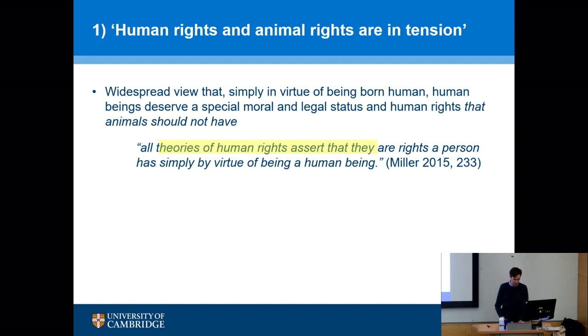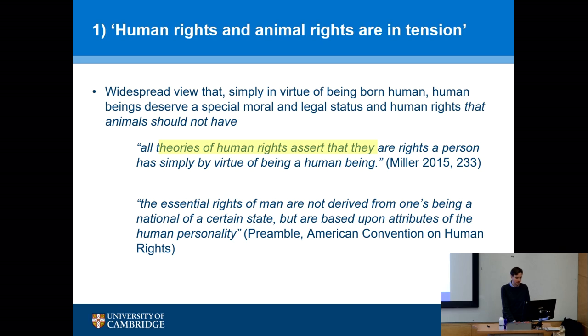And it's not just a view that scholars have. You can find it in human rights practice, in human rights documents. So take the American Convention on Human Rights. This convention says that the essential rights of man are not derived from one's being a national of a certain state, but they are based upon attributes of the human personality, right? So it's not my being Swiss, or someone's being British, or any other nationality that gives us rights.